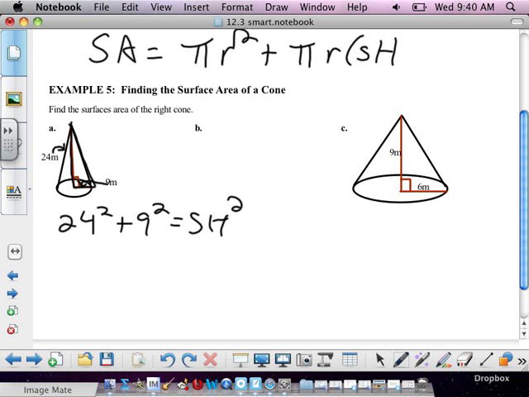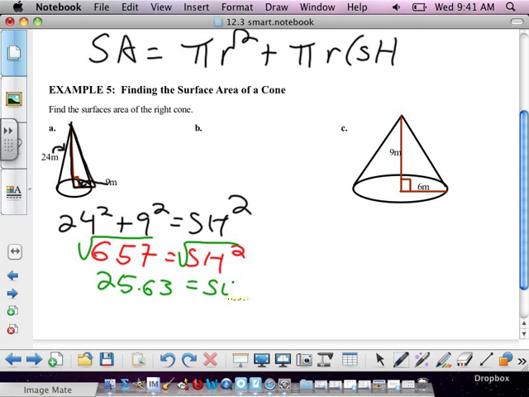So 24 squared plus 9 squared gives me 657. I take the square root, and I get 25.63 equals the slant height.